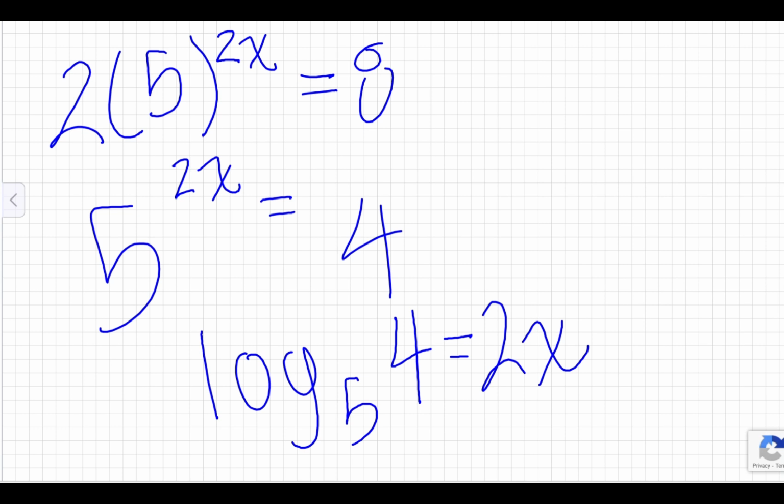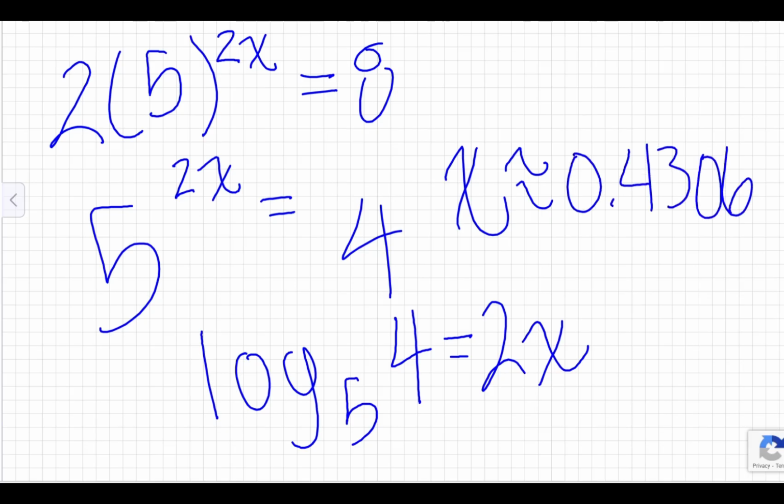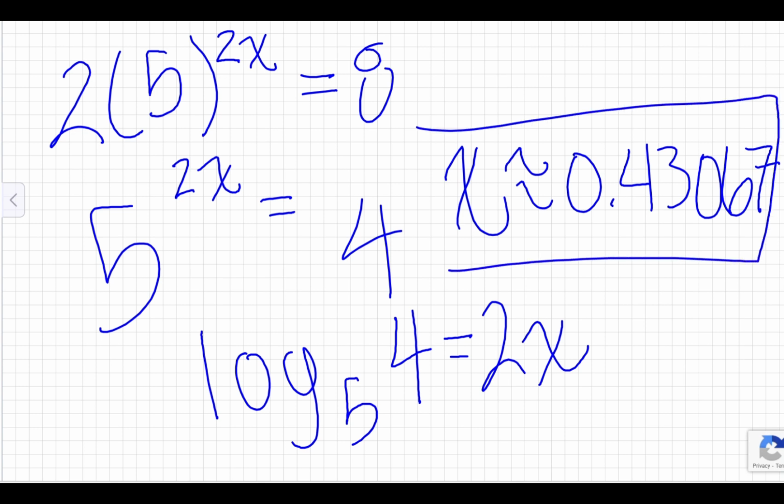We click math, scroll down until we see A, logBASE. We put log base 5 of 4, and it gives us a weird decimal, and that decimal we divide by 2, and x is approximately 0.43067. This would be our answer.